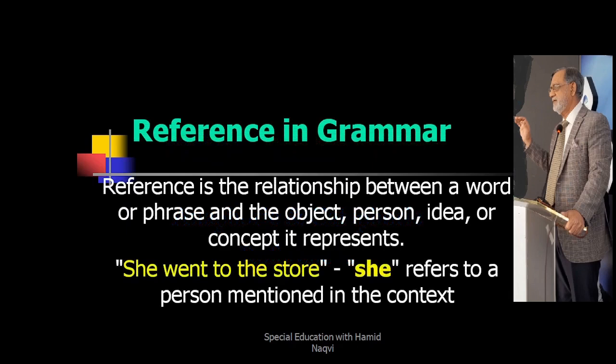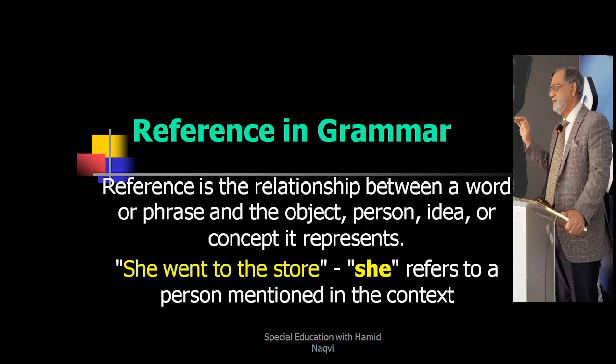First, what is reference in grammar? Reference is the relationship between a word or a phrase and the object, person, idea or concept it represents. Not very difficult, very simple, and you would understand with the help of this example.